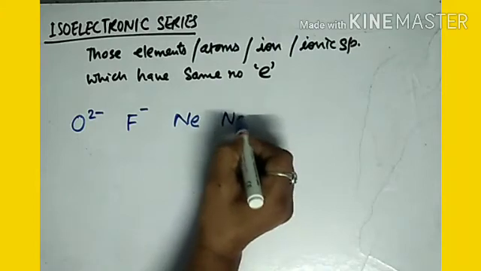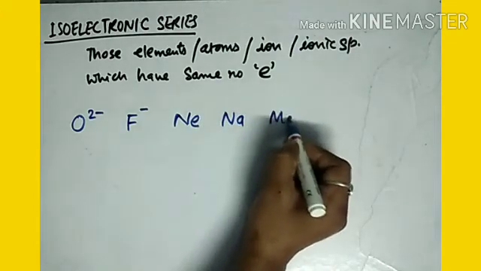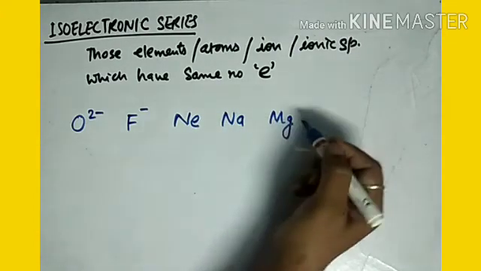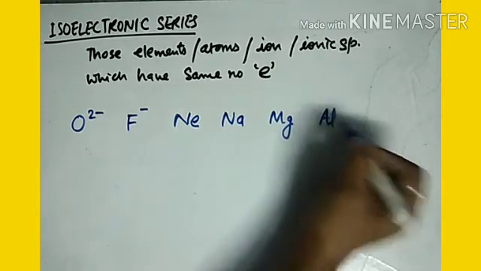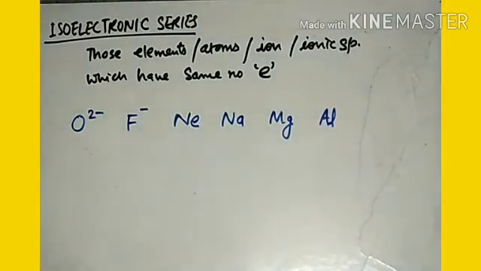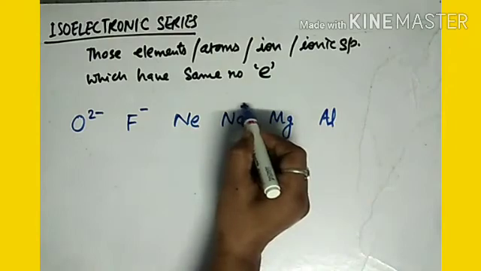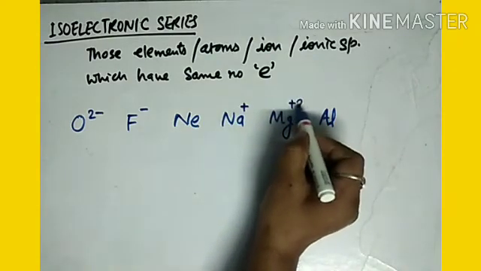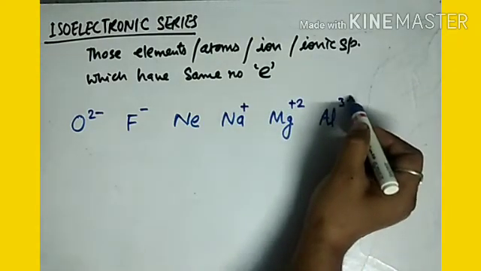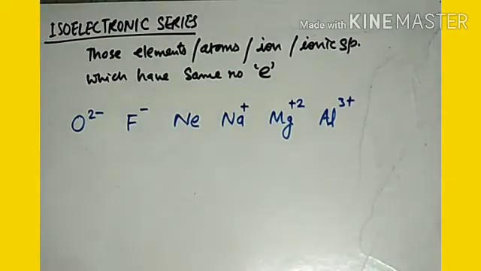Here we have sodium, magnesium and aluminium, right? I'm just putting the charges here. Na plus, magnesium 2 plus, and aluminium 3 plus. We have to find out the number of electrons in these elements and ionic species. Well, let's see that.